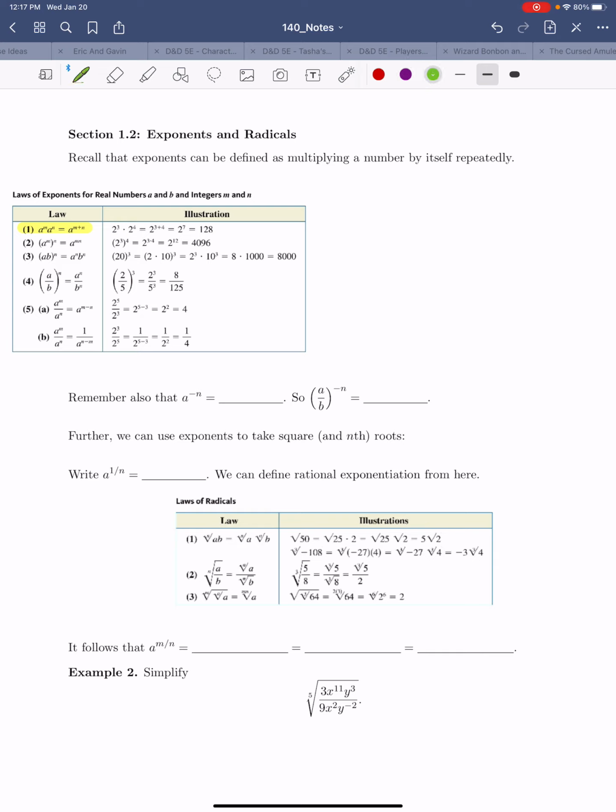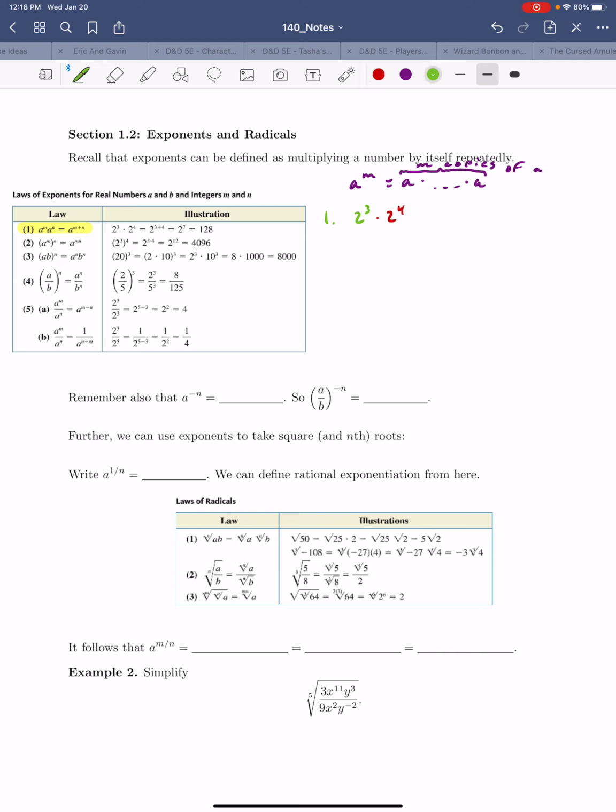For example, let's just do an example, right? Remember that, generally speaking, a to the m means a times itself, so that there are m copies of a, right? So for number 1, you've got 2 cubed times 2 to the 4th.